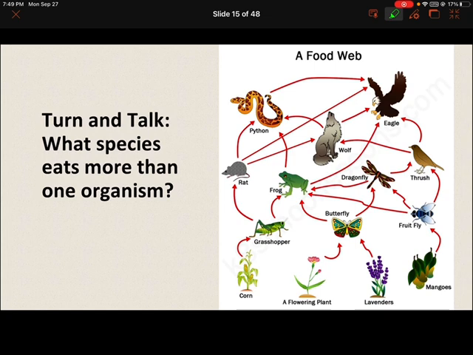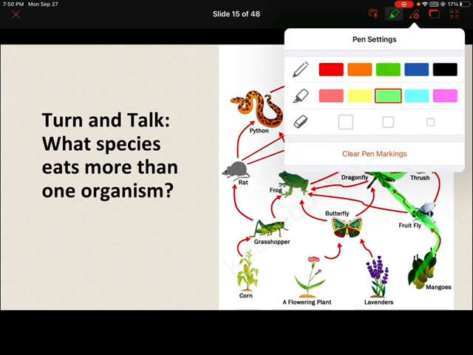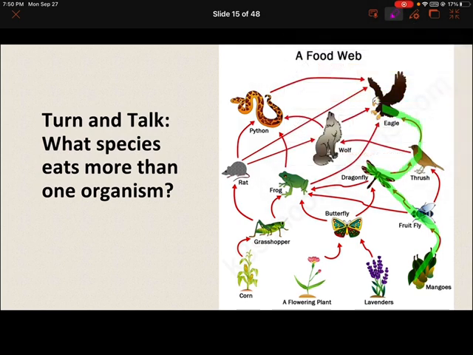So let's take a look and let's just start off at mangoes. So one food chain that we have that originates from mangoes is mangoes to the fruit fly, to the dragonfly, to the thrush, to the eagle. You could have also have another one that starts at the mangoes.